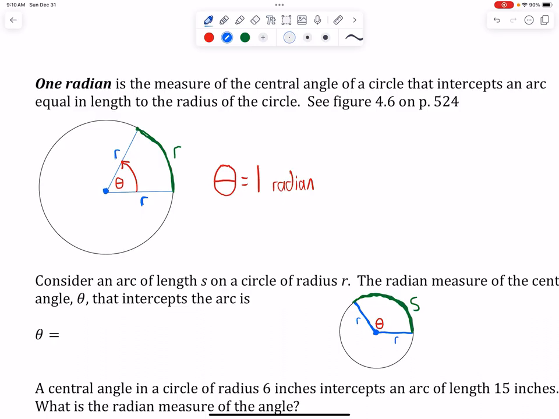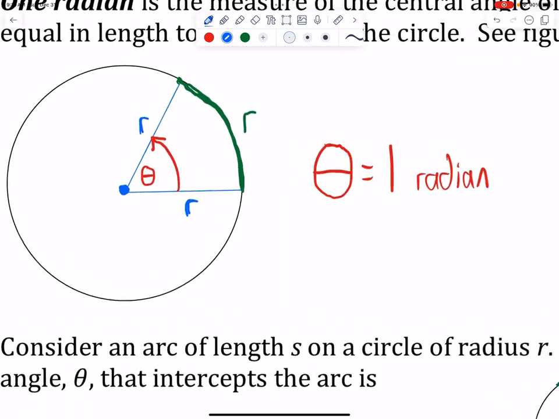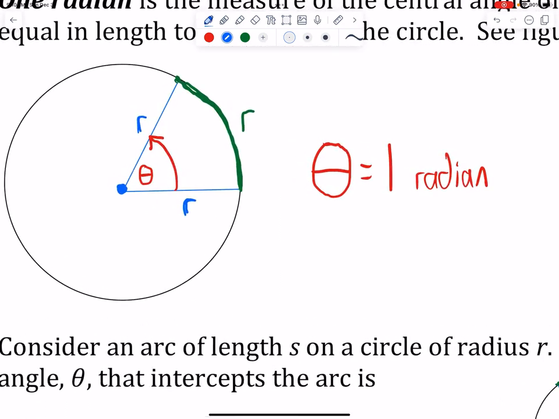Now, to explain that, let's take a look at this drawing. Suppose we have a circle of radius r. Radius is the distance from the center of the circle to the outside. So this distance right here is our radius. And it's the same anywhere you go, so this distance here would also be the same radius.